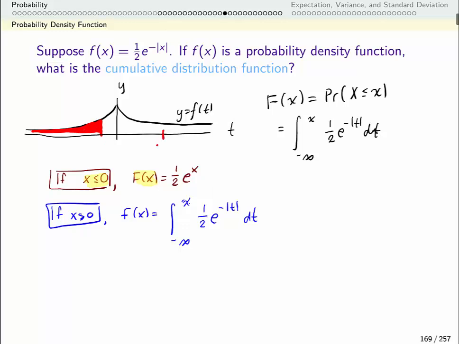When my x is positive and I want to know the area under the curve, I need to figure out these two bits separately. So this bit on the left, my function just looks a little bit different from how my function looks on the right. But I can figure that out easily enough from what I've got. I know this is 1/2 e to the 0. So this is 1/2. And then I just need to add in this blue section here.